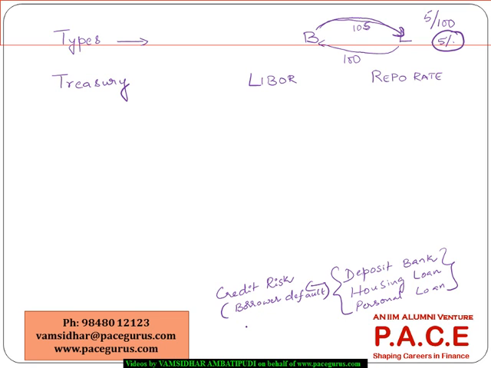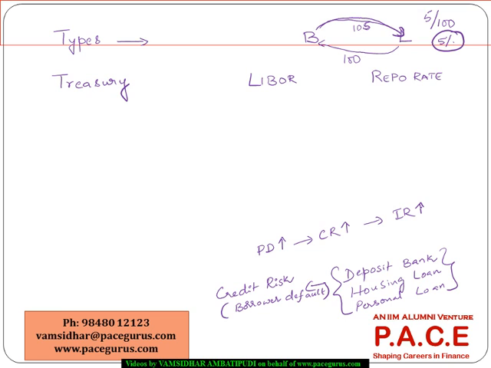If the possibility of default is higher, then the credit risk is higher, and in that case the interest rate will be much higher, because the lender is taking a higher risk by lending the money; there is a good chance he will not get his money back.